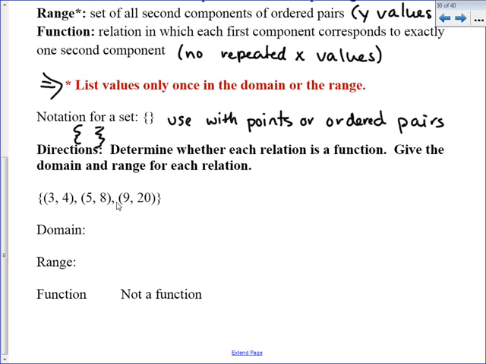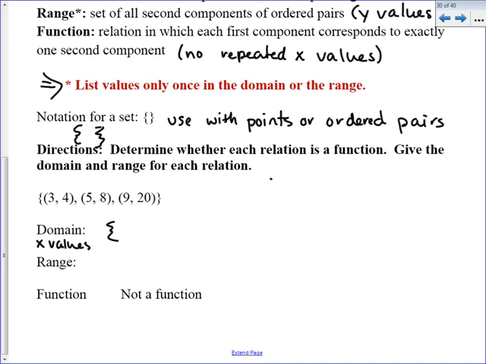So when we're looking for the domain, this is the set of x values. So we're going to make our set by using a squiggly bracket, and then we're going to list the x values from all of those ordered pairs.